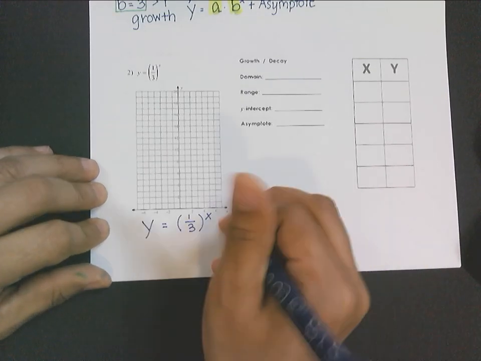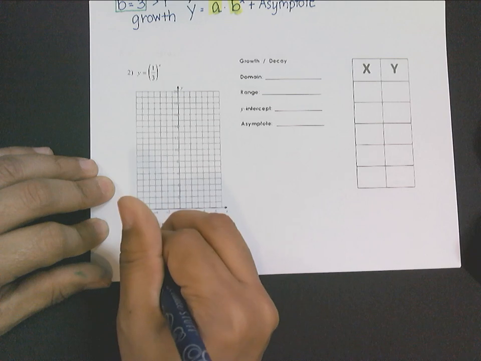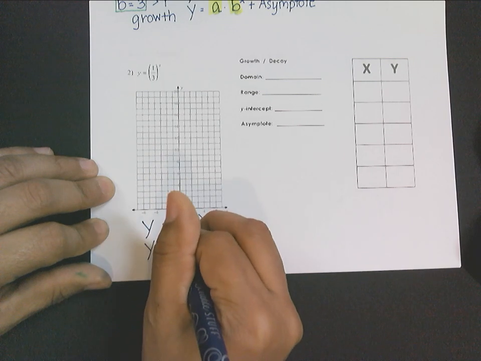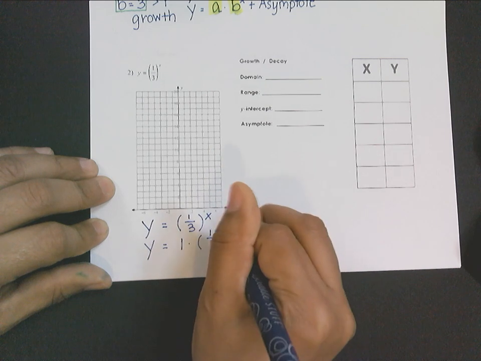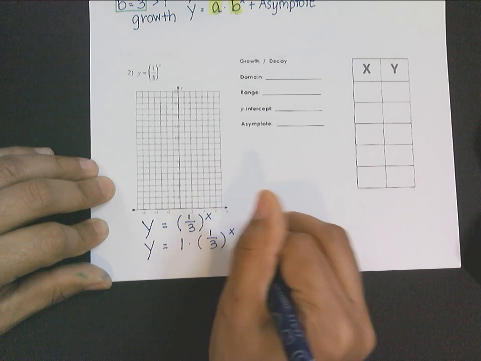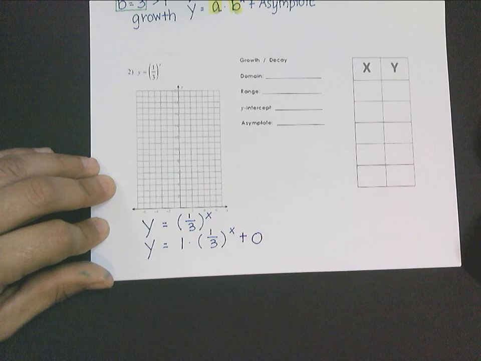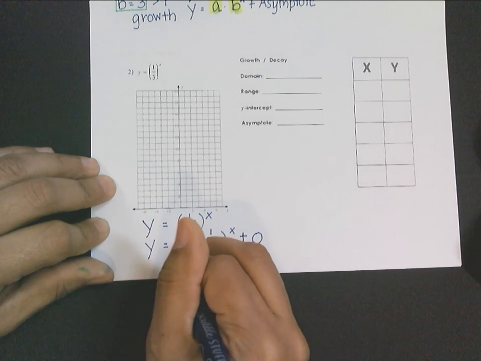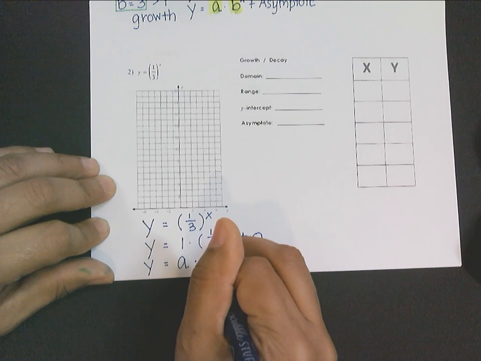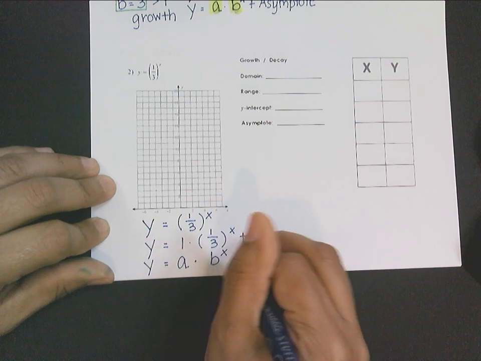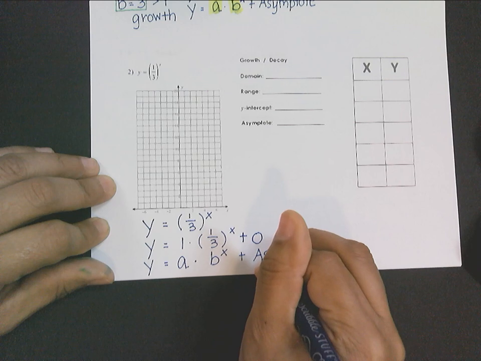So to make it easier on you, I'm going to break it down. I'm going to change it to y equals 1 times 1/3 to the power of x plus 0. So once again, y equals a times b to the power of x plus the asymptote.